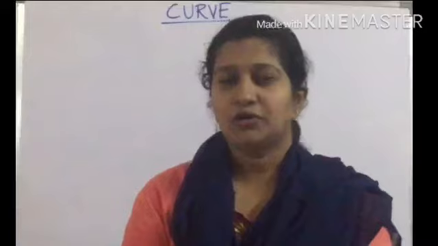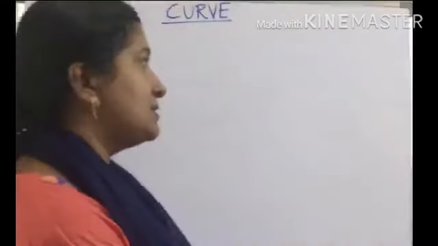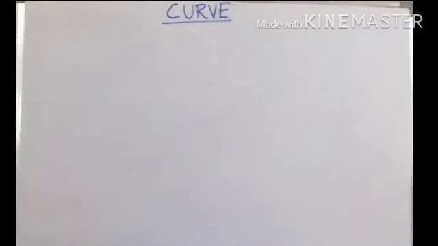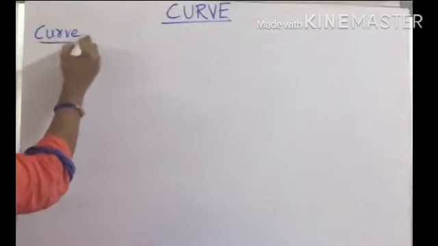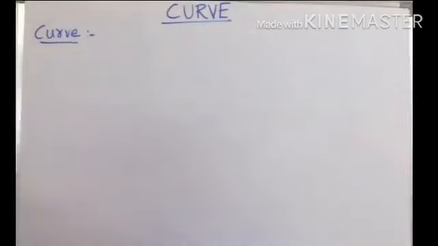In this video I am going to discuss what a curve is and its types. Okay, first, curve. Any figure drawn without lifting a pencil may be called a curve.